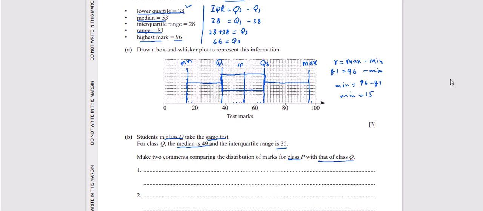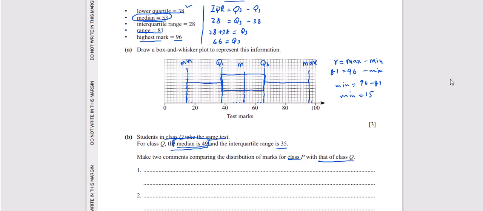First of all, we compare median. The median of class P is 53 and median of class Q is 49.